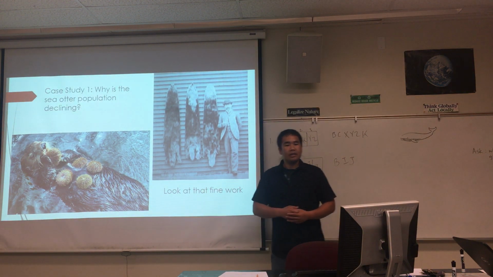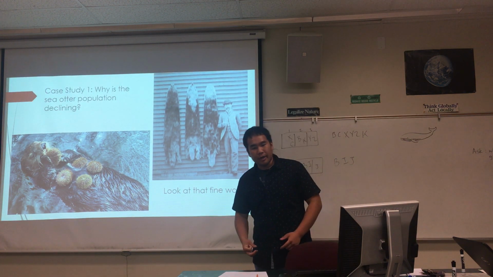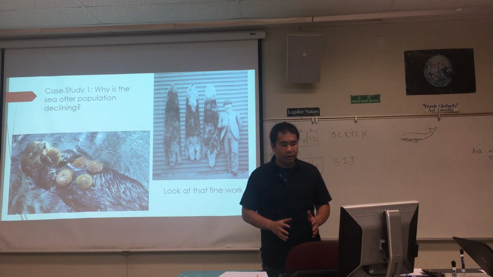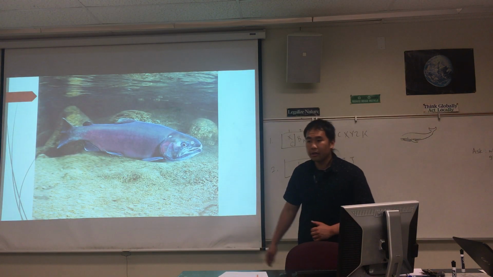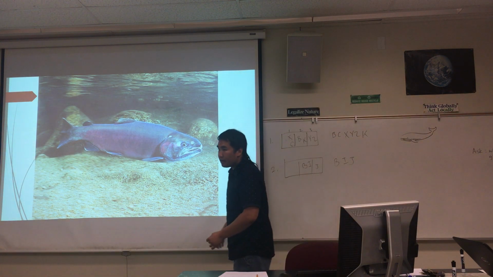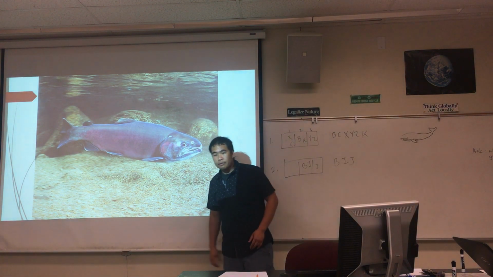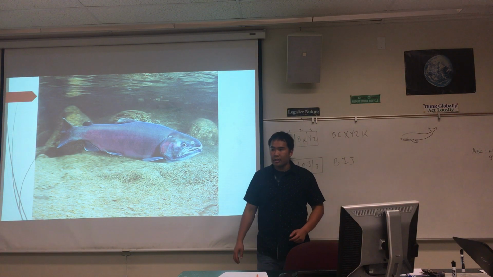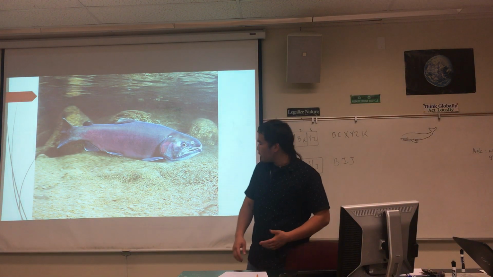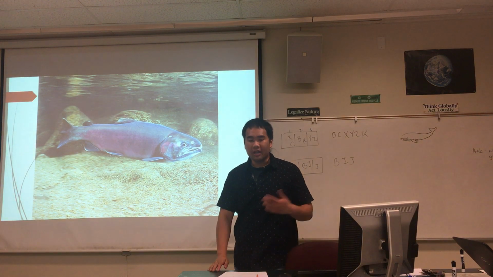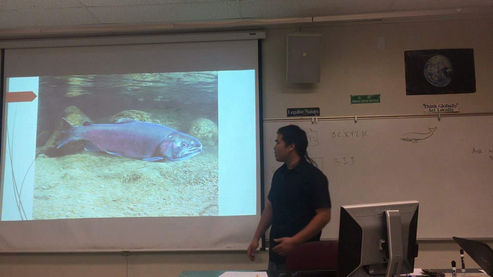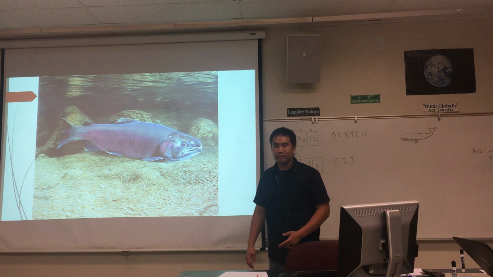But this is actually not the main reason. Overfishing is definitely a really important reason for their decline, but the actual reason has to do with this fish. This is a type of salmon. The salmon is found over here on the West Coast, and unfortunately for the salmon, it has a really archaic and backwards reproductive method.